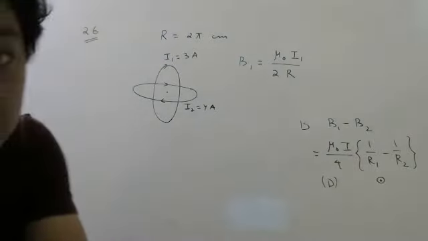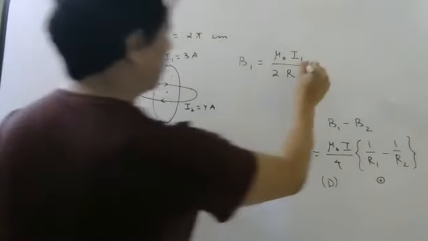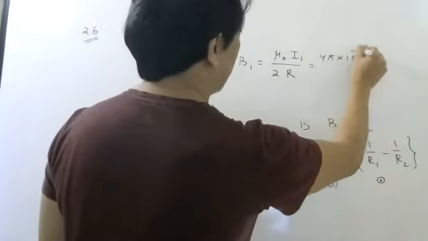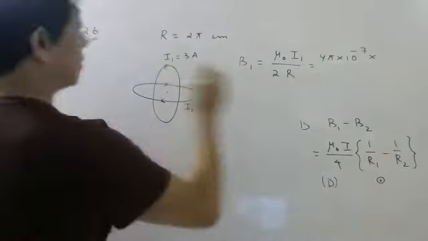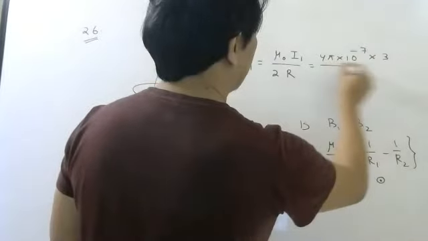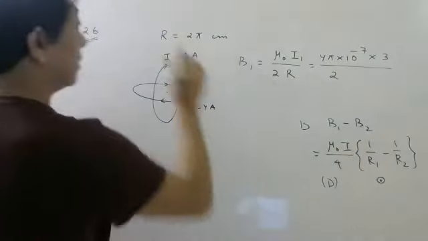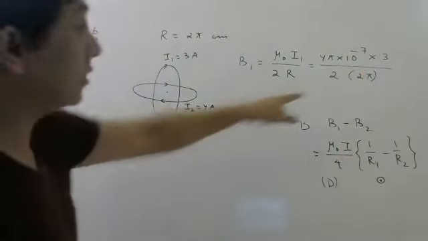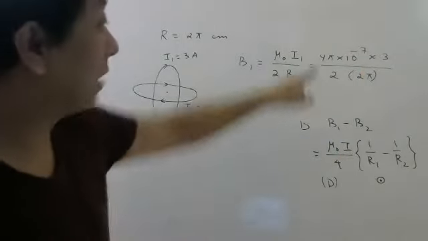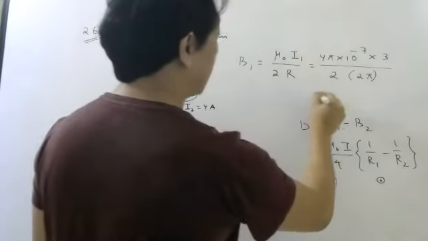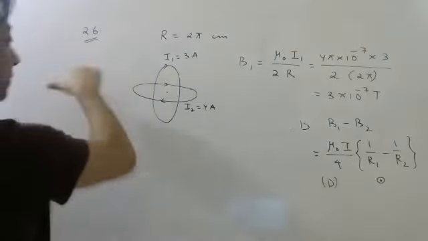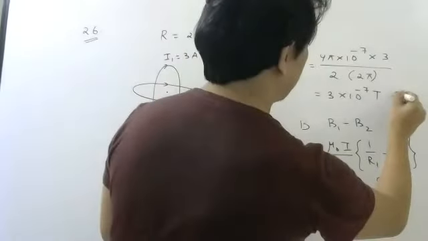This time currents are different. Radius is same. Mu naught value is 4 pi into 10 power minus 7. Current is 3 ampere divided by 2r. Radius is 2 pi. So you can see in the denominator 4 pi will cancel with this 4 pi. So you will get 3 into 10 power minus 7 Tesla. Direction will be this side. Okay.